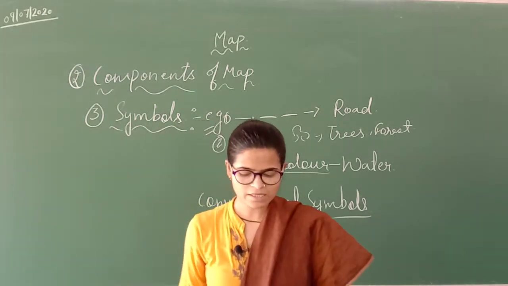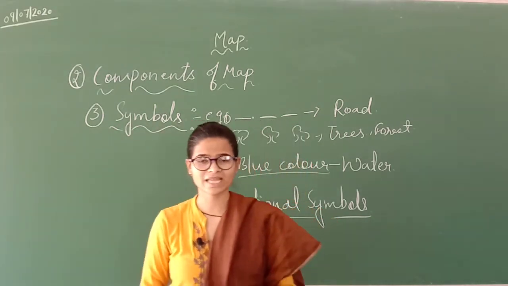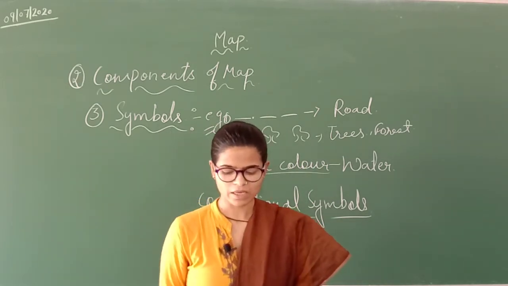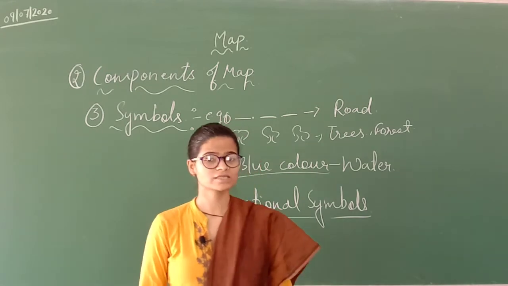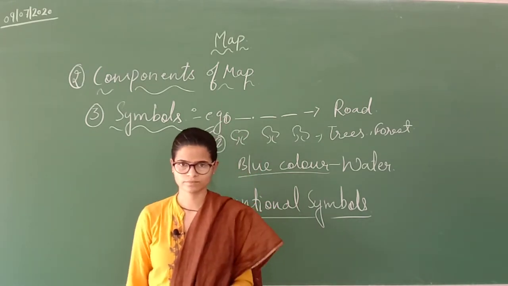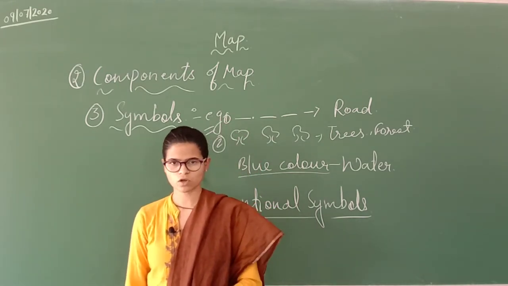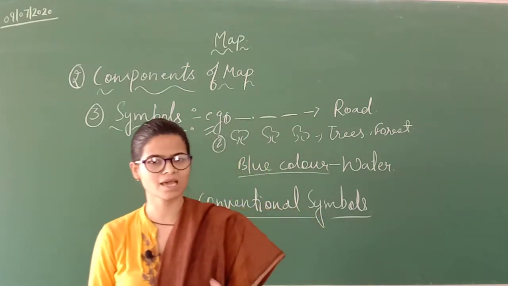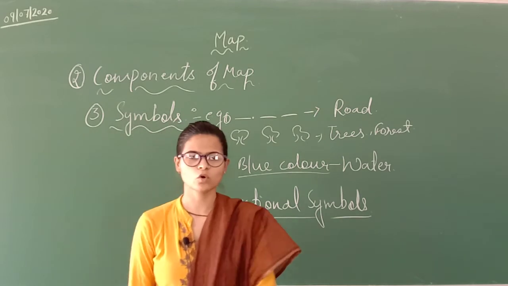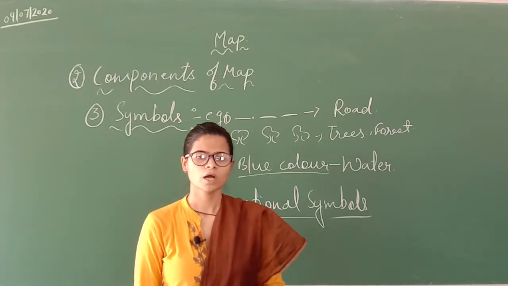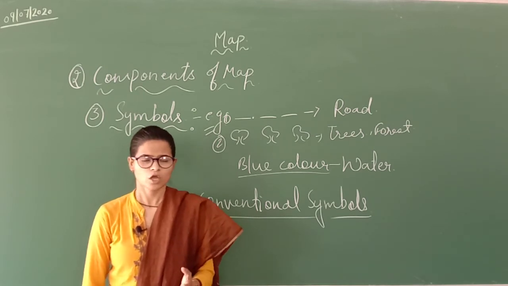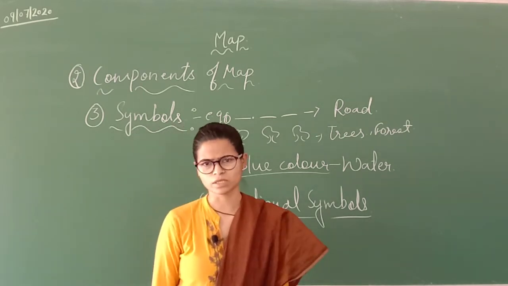These are those symbols which tell us about a universal language, you can say, which is understood by all. If we are making a map of the entire world, or you have seen a globe, in that globe you will find plenty of symbols.